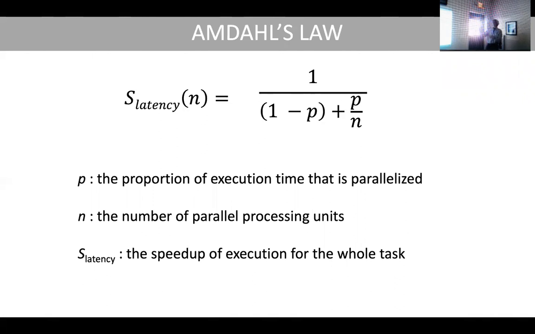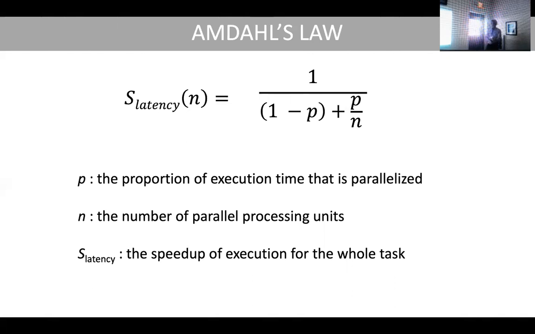One is Amdahl's law. Basically it says that the amount that you can speed up a process through parallel processing is proportional to how much of that process you can parallelize. So if you take a process and break it up into different amounts and parallelize parts of it, you can speed them up to a certain degree, and this is a good formula for how to do it.